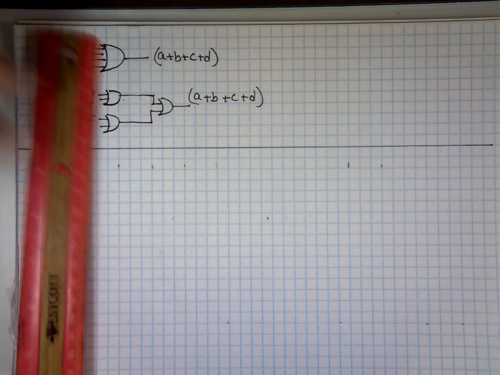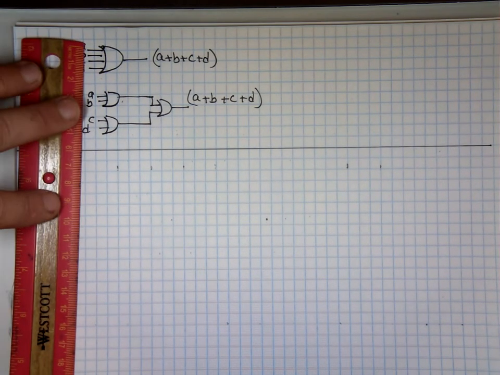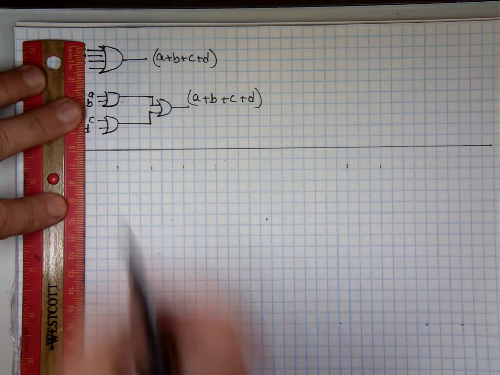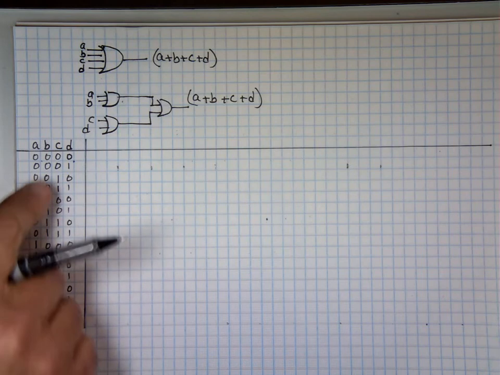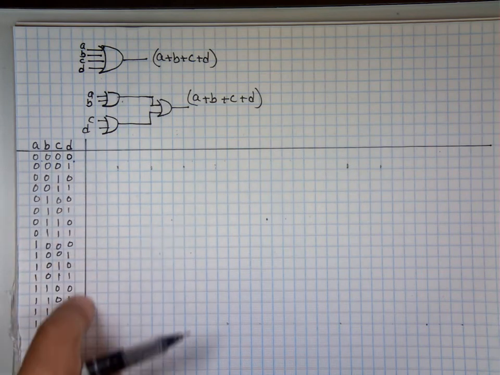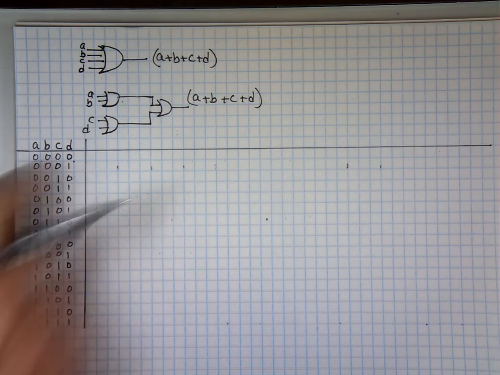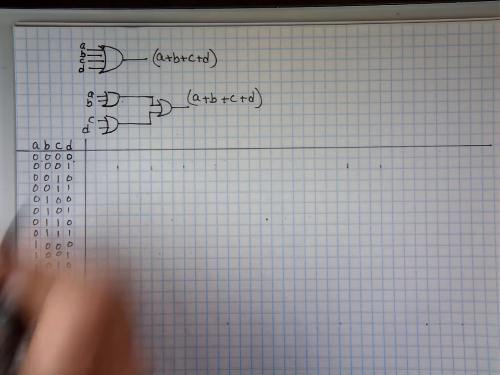Now, if this is a 4-input OR gate, I should have a 1 where? I should have a 1 on every one of these except which one? Except the first one. Let's see. Let me find what A plus B is.